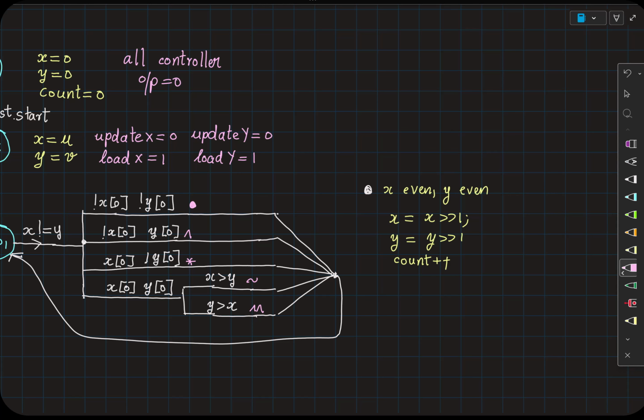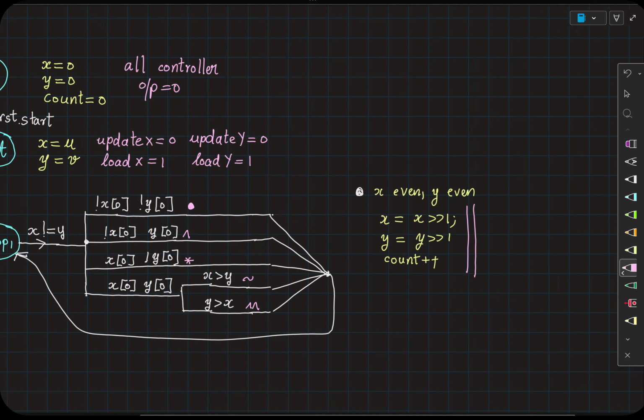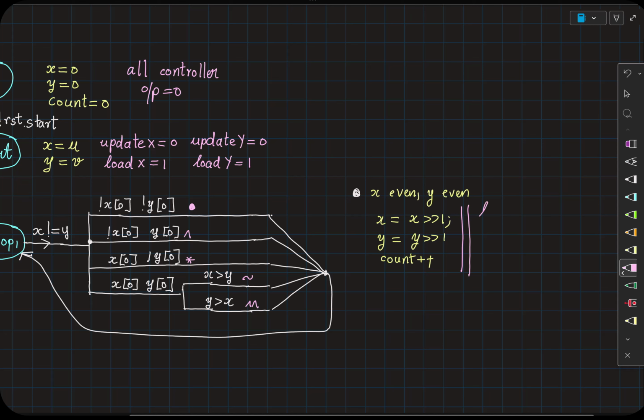Now, can you tell me how the control signals should behave? What should happen to load X? I have pushed the data path also through Acadly. You can look at the figure and then tell me what you expect your load X to be. So we want to update our X with X right shifted by 1. What should happen to the load X control signal?